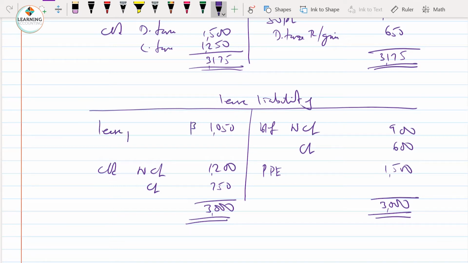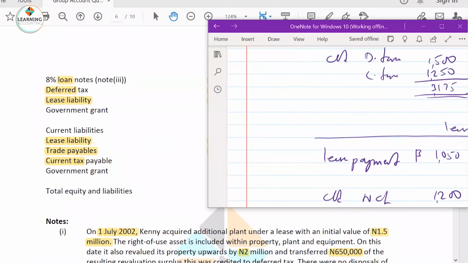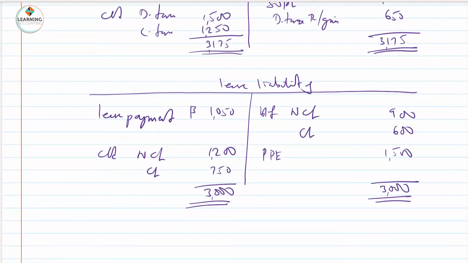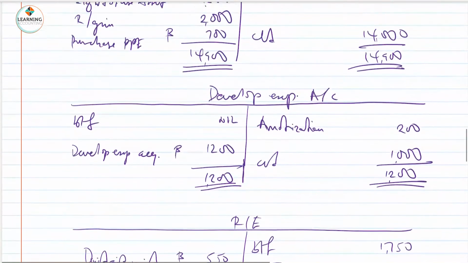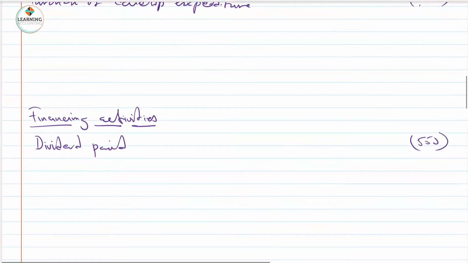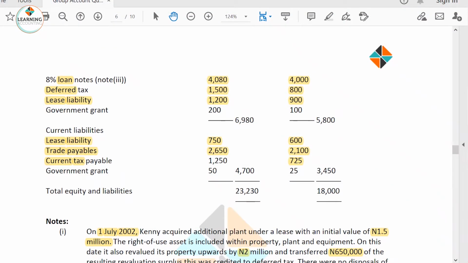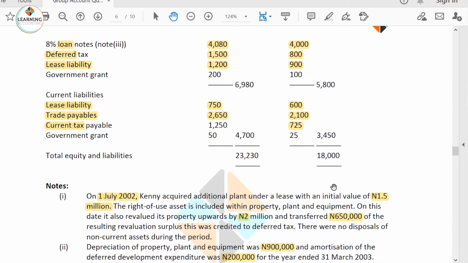Call this the lease payments in the period. And the lease payments, we take it to financing activities. 1,050 financing activities.